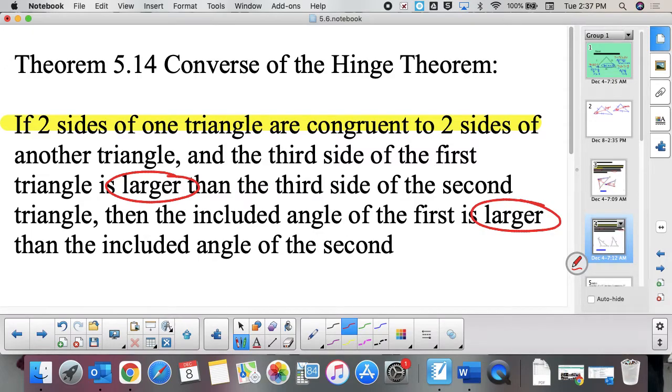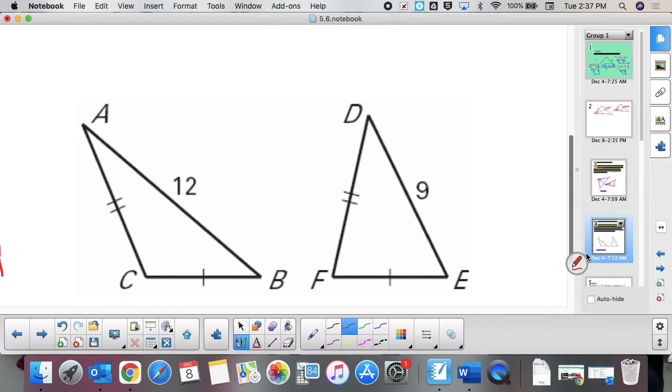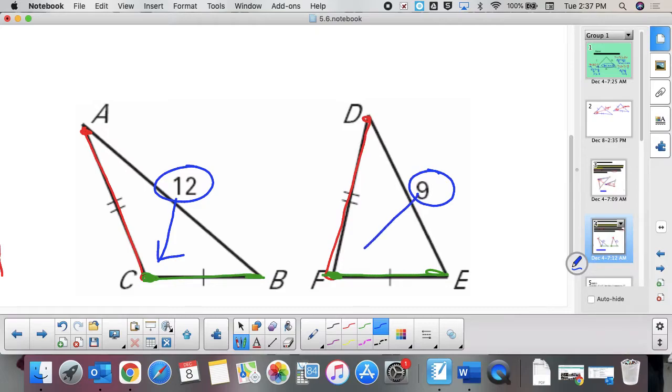Essentially saying, if I look at this picture that's here, once again, we need two sides congruent to two sides. So we got AC congruent to DF. We have CB congruent to FE. Then there'll be a direct relationship between the third sides and the angles that are opposite them. 12 is bigger than 9.